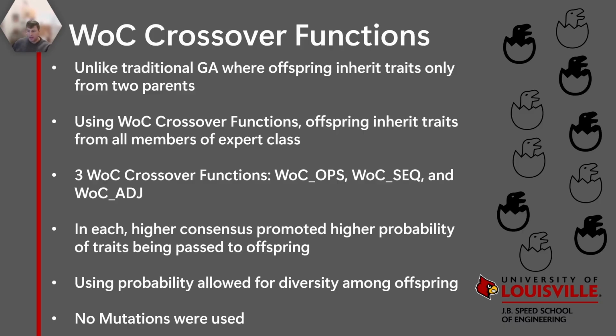And so applying a mutation, we didn't think of a good way of using a mutation that was Wisdom of Crowd related. So we kept it to just 3 Wisdom of Crowd themed operations. In genetic algorithms, usually you have 2 parents, and the 2 parents produce an offspring, and that's it.